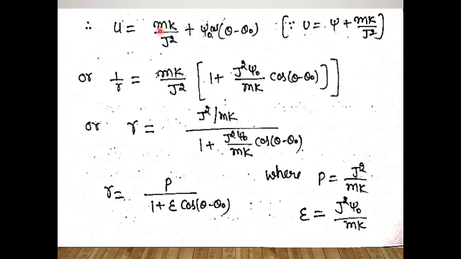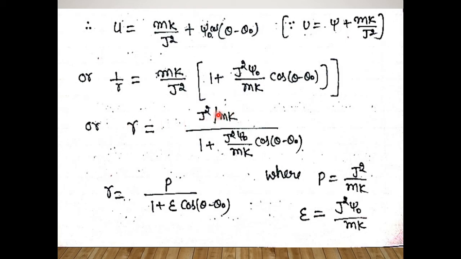So u becomes mk upon j square plus psi 0 cos(theta minus theta 0). Or we know u equals 1 upon r. So we will write 1 upon r equals mk upon j square plus, here we have taken this term common. So in bracket, 1 plus j square upon mk psi 0 cos(theta minus theta 0).